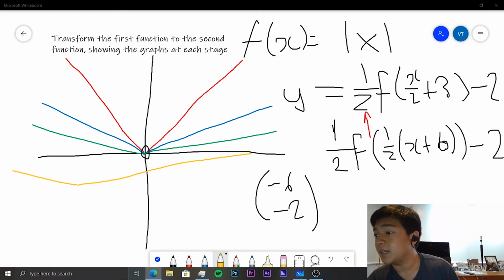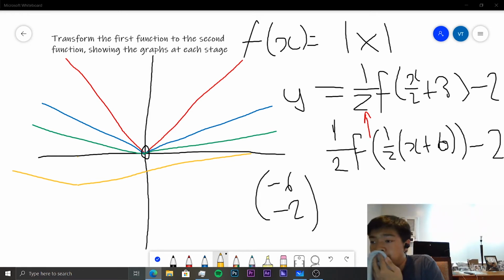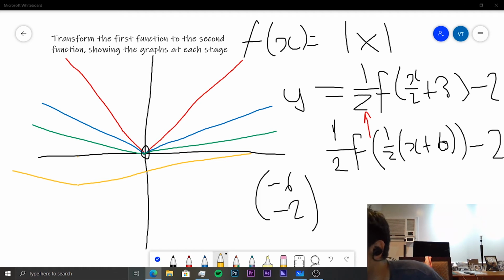Have we missed anything out? 1/2 f of (x over 2 plus 3) minus 2. And I think that should be correct.